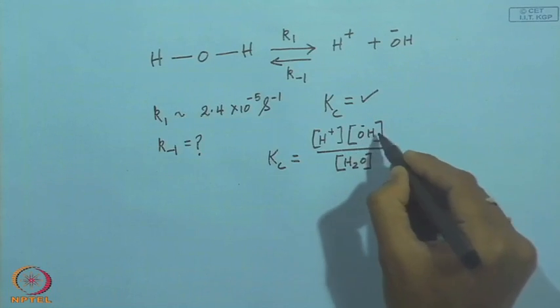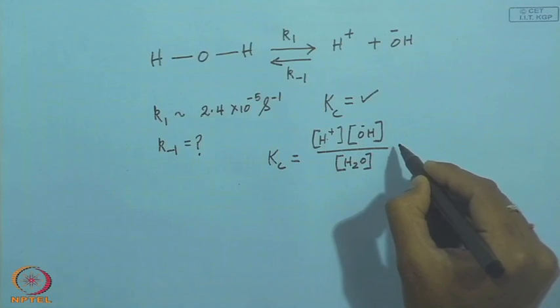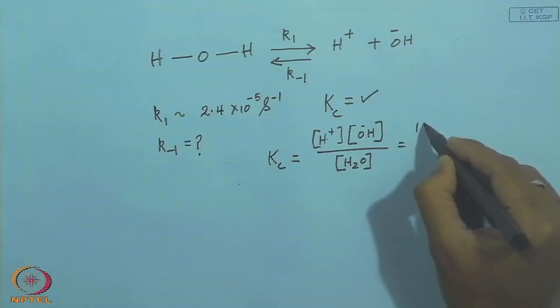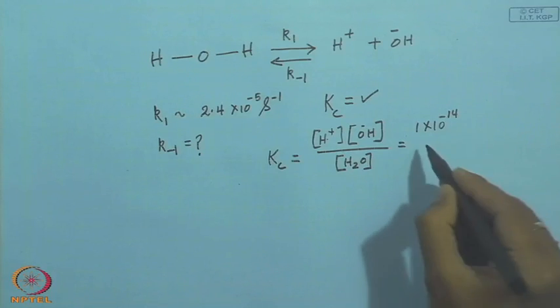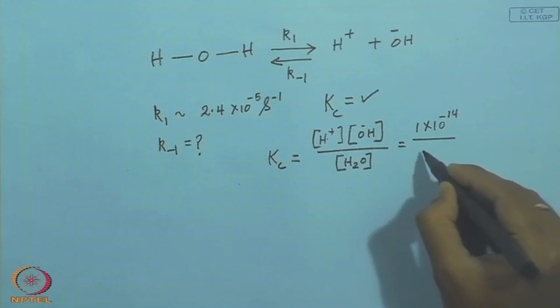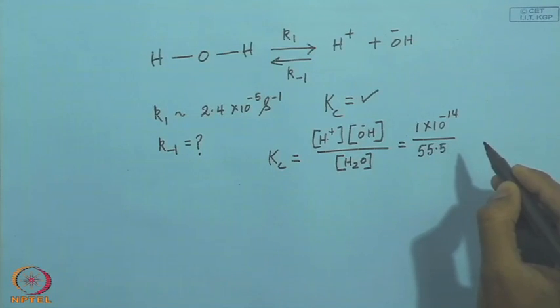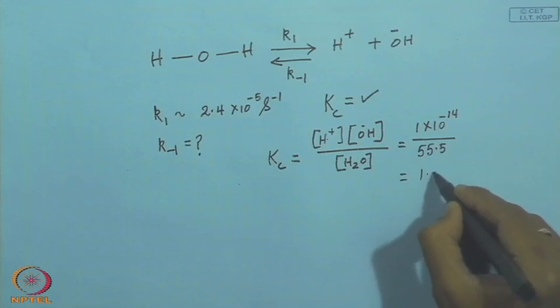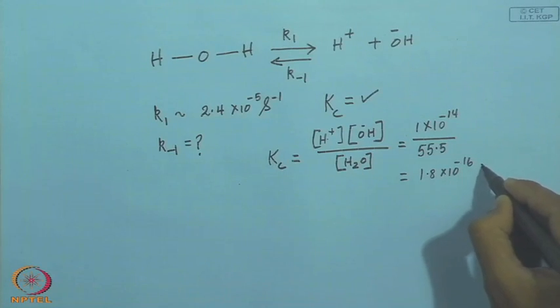Okay. So, this [H+][OH−], if you recall, is the ionic product of water, which will be 1 × 10^−14 at maybe 25 degrees centigrade, and water has a molar concentration of 55.5 molar. So, this gives you 1.8 × 10^−16 mole per decimeter cube.